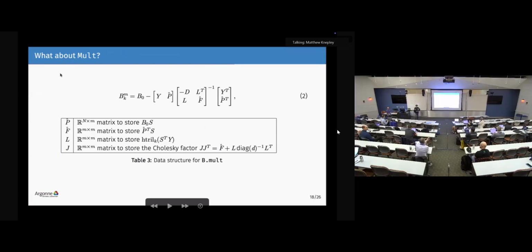Anything else? I understand the Cholesky is only 20 by 20. Well, yes, if your history size is 20. History by history. Is it obvious that the GPU is going to be faster than the CPU for that size of matrix?